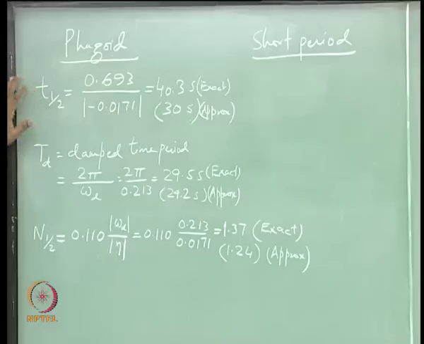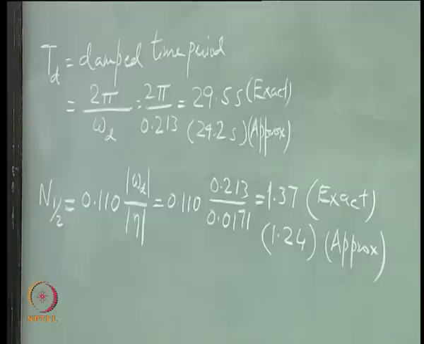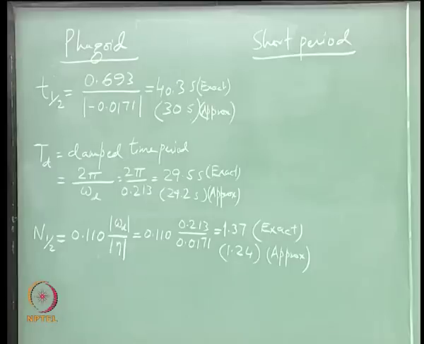So, you see quite a bit of difference between the exact value and the approximate value. What does it tell you? It tells you that the approximation is not so good, isn't it? We made some assumptions while arriving at the approximate formula for the Phugoid mode frequency and damping, from where we are getting all these numbers.